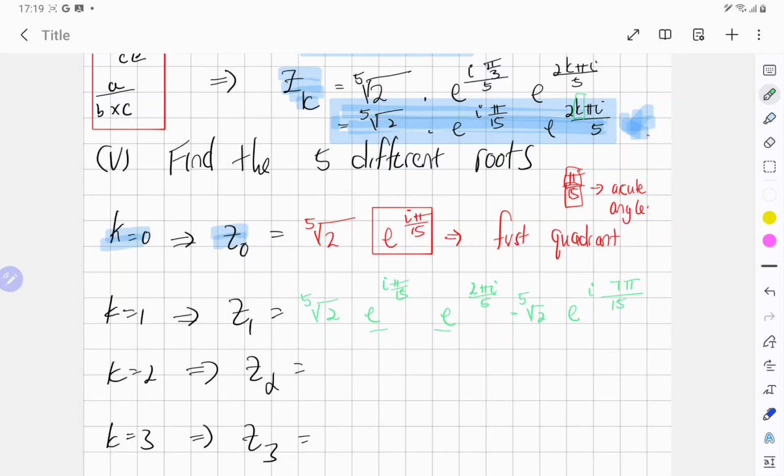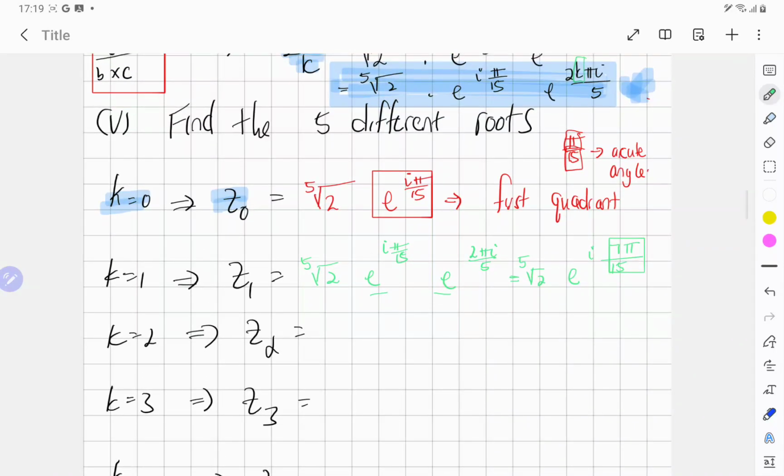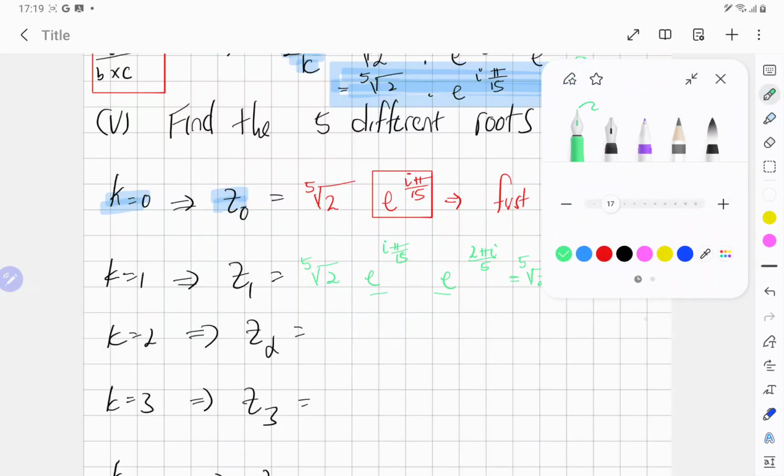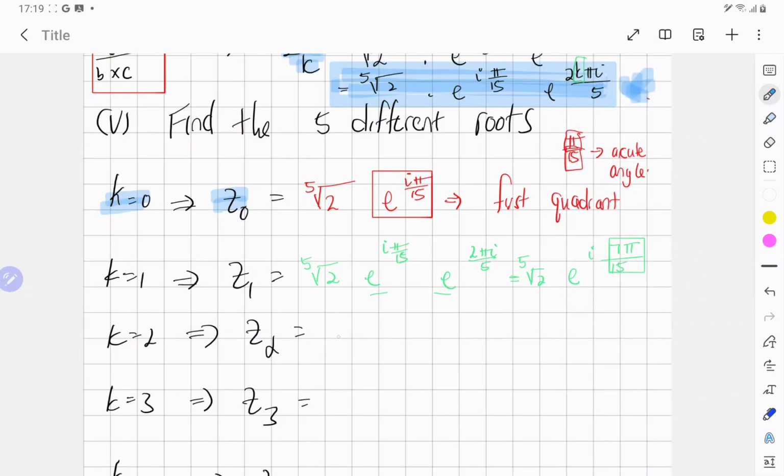Are we still in the first quadrant? 7 pi over 15. You can check that on a calculator, but I know at most universities we are not allowed to use a calculator. But when I sketch it, I will just explain how we also know which quadrant to work in. Now when k is 2, I'm substituting again.